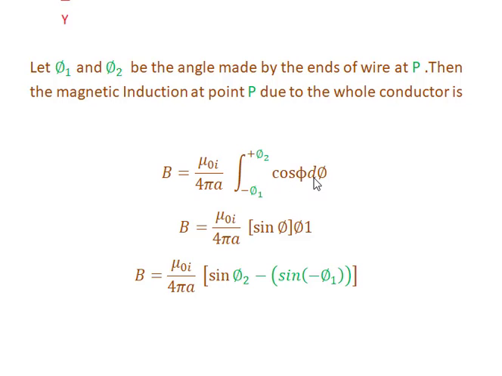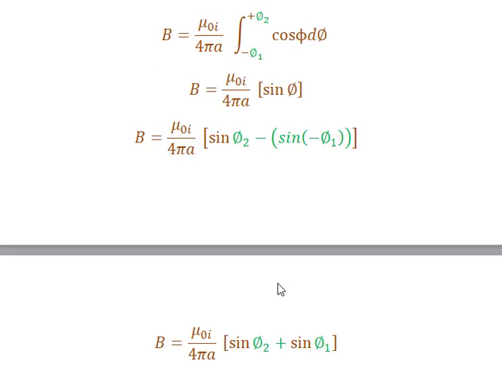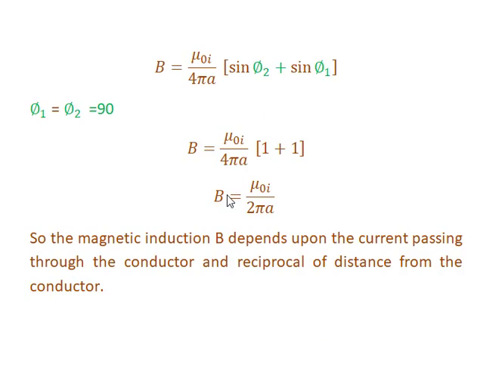Integrating the cos phi term, we get sin phi. On substituting, sin phi 2 minus sin of minus phi 1. So we get a positive sign here: mu naught I by 4 pi A times sin phi 2 plus sin phi 1.